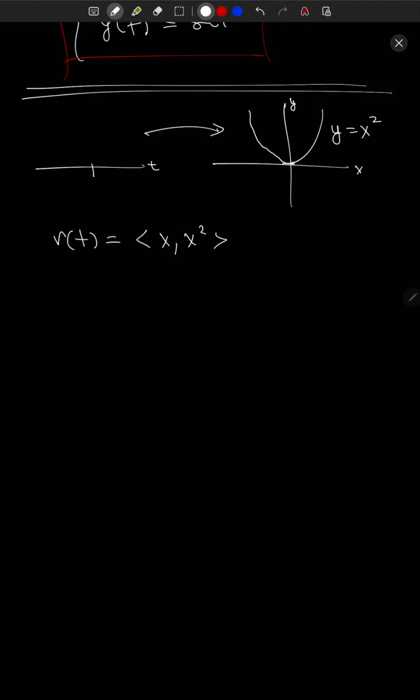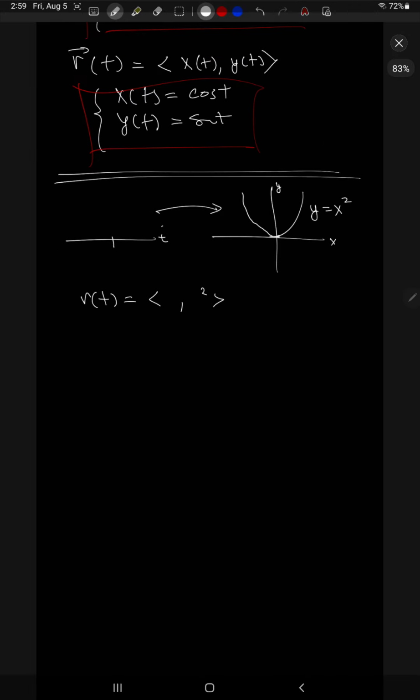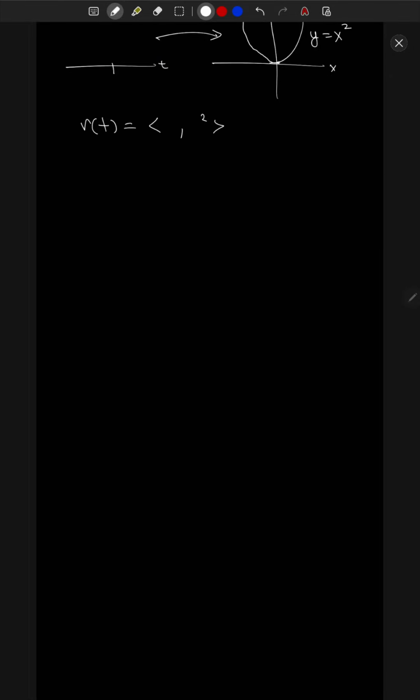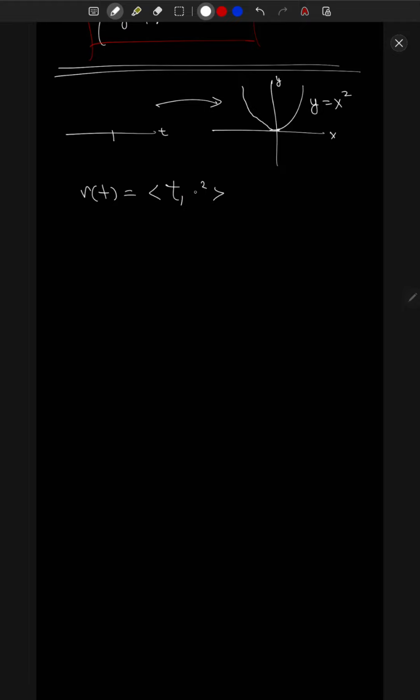t comma t squared, a nice convenient parameterization for a parabola. So t, where the inputs and outputs are related like this. When you move along here, you're in a way just moving along here and then pushing yourself up to the parabola.